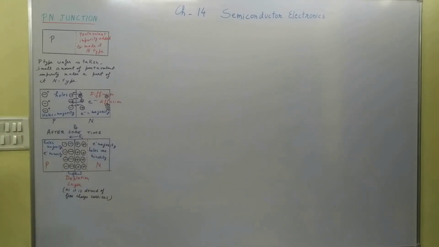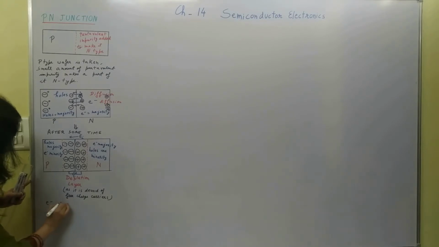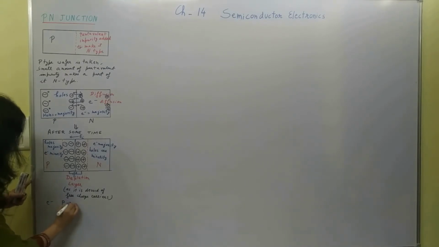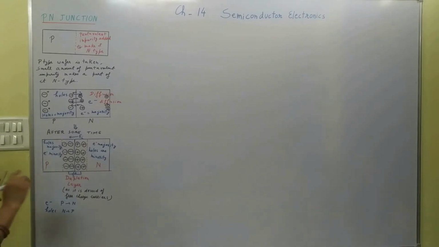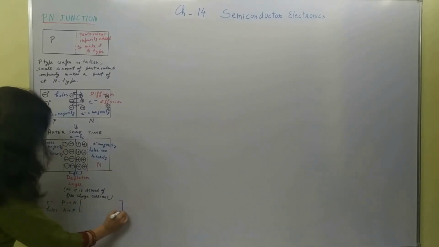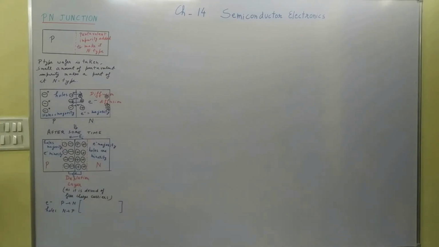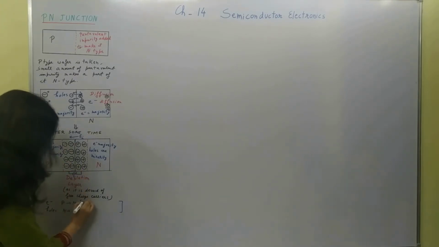So what is happening is that electrons move from P to N and holes move from N to P under the effect of the developed electric field. So I can write in short over here that the minority carriers start moving under the effect of the developed electric field.